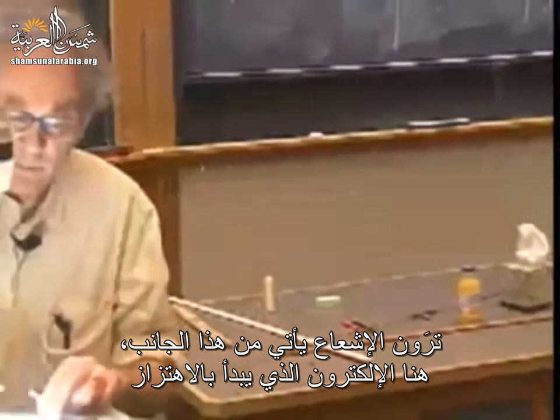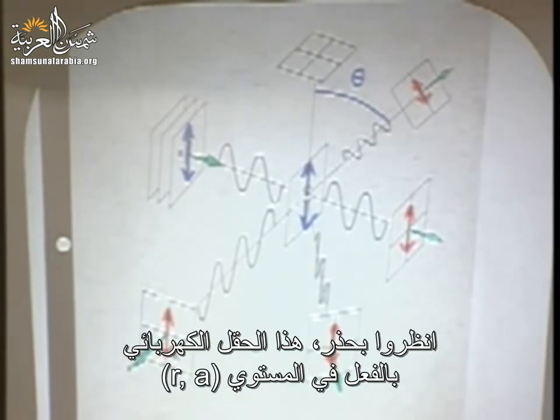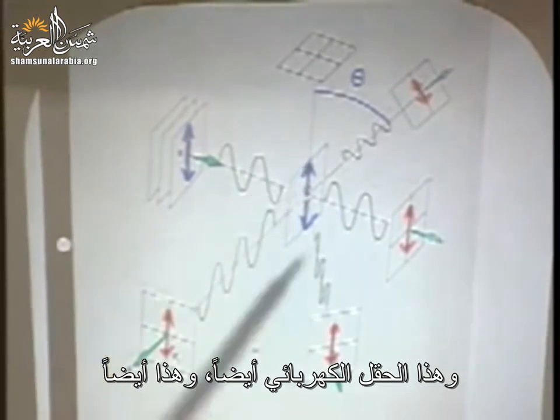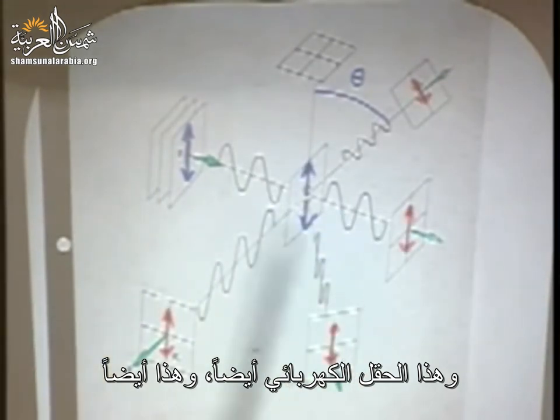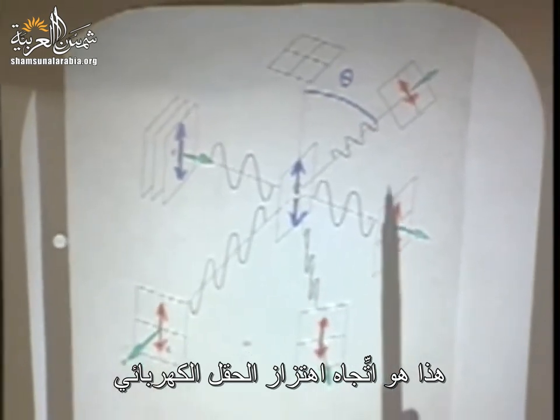You see radiation coming from this side, and here is this electron that starts to shake. If you have very small particles, 1/10 and 2/10 of a micron, there are electrons in those particles which begin to shake up and down, and the electric field must be in the plane of R and A. Look very carefully: this electric field is indeed in the plane of R and A, and this is the direction of oscillation of the E field.